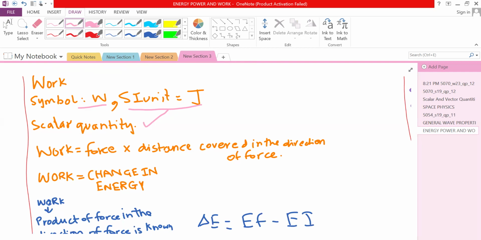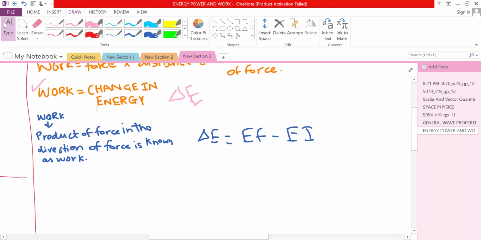Work also equals change in energy, and the change in energy means delta E. This triangle is the sign of delta.